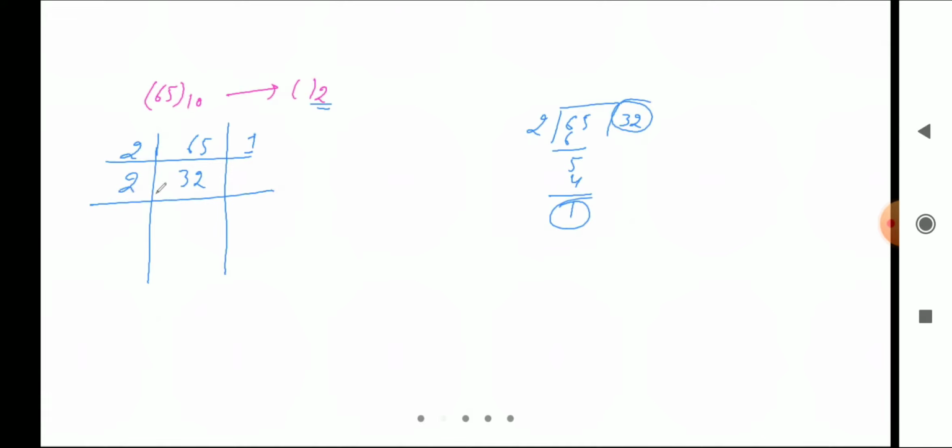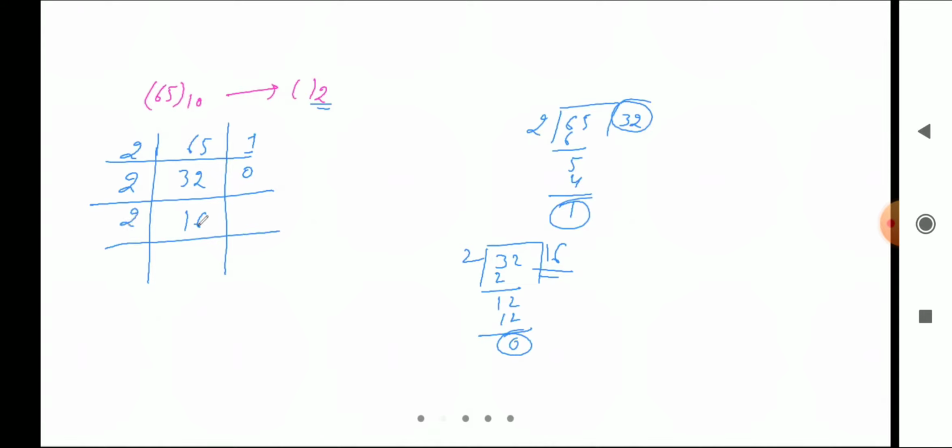Okay, again I will divide this with 2. So 32 divided by 2 gives 16 and remainder is 0. Next time again divide with 2.